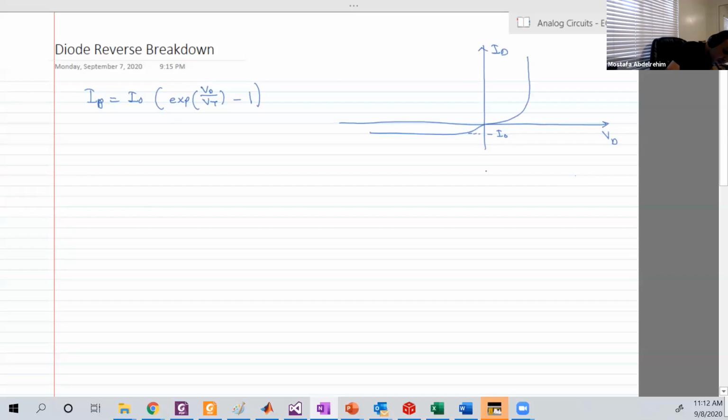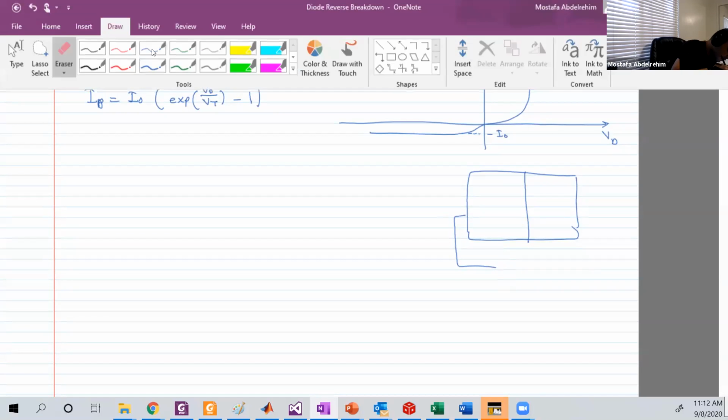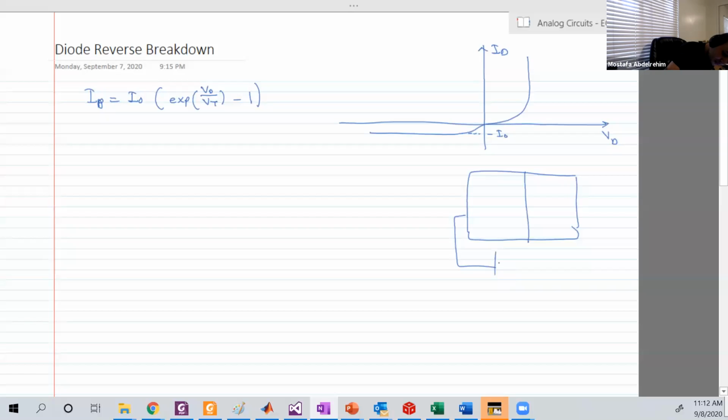And we know that I naught actually comes from the minority carriers when you have a reverse bias: the P on that side is attracted to the negative terminal, and the N on that side is attracted to the positive one.